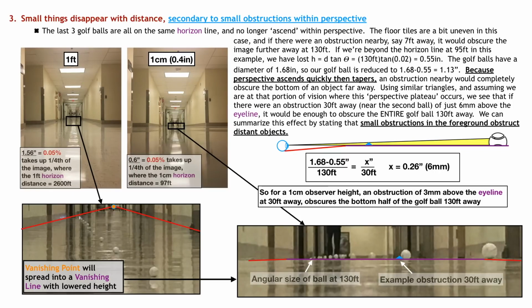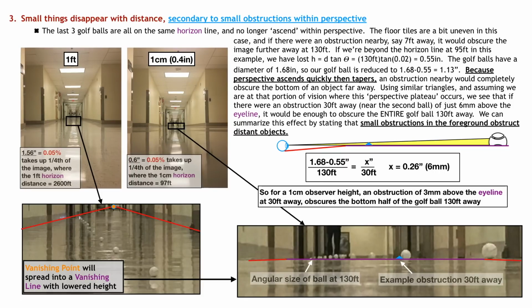If we are beyond the horizon line at 95 feet in this example, we have lost a height equal to d tan theta, or 130 feet times the tangent of 1 arc minute, or 0.55 inches. The golf balls have a diameter of 1.6 inches, so our golf ball is reduced to 1.6 inches minus 0.5, equal to 1.13 inches. Again, given an obstruction, or given the amount of set.